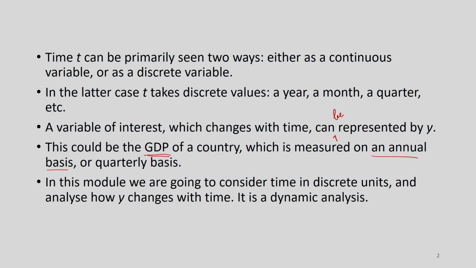But GDP can also be measured not on an annual basis, but on a quarterly basis. Quarterly basis means every 3 months, right. So, you divide the 12 months into 4 parts, that is why it is called quarterly. If you divide the entire year into 4 parts, then each part will consist of 3 months, and what we do in this case is that we look at the total value of final goods and services produced in a country in a 3-month period.